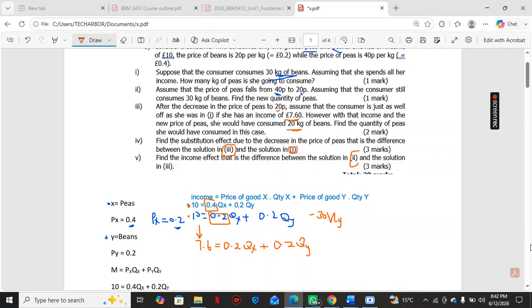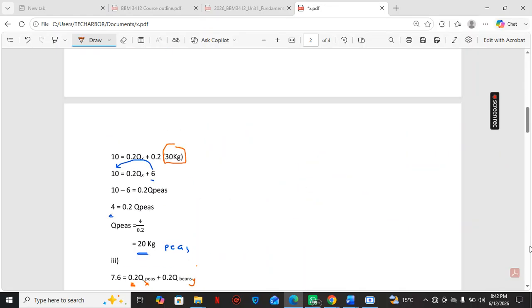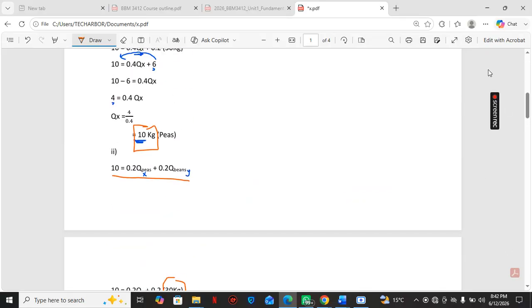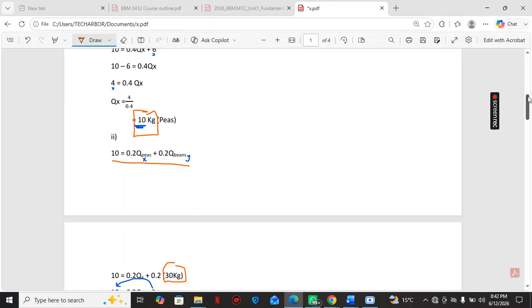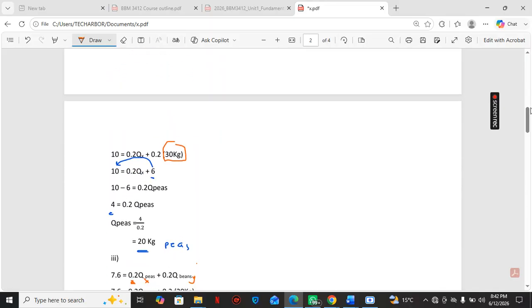In solution 2, that's our starting point, we're buying 20 kg of peas. Our income was $10, the price of peas 0.2, so we're able to buy 20 kg of peas.